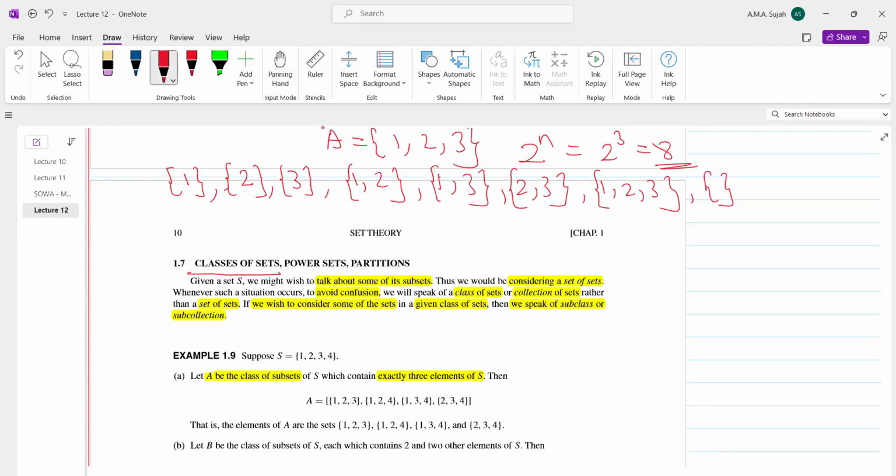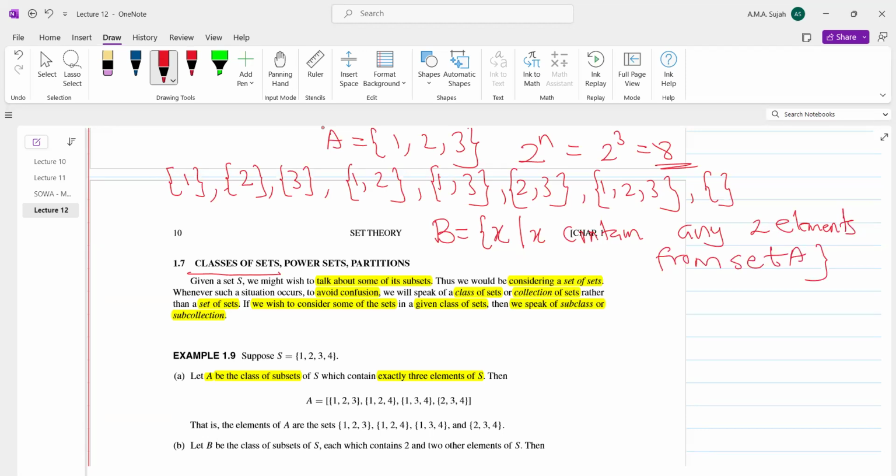Let's say now we are defining a set B. B is a set of X such that X contains any two elements from set A. Did you get my point?